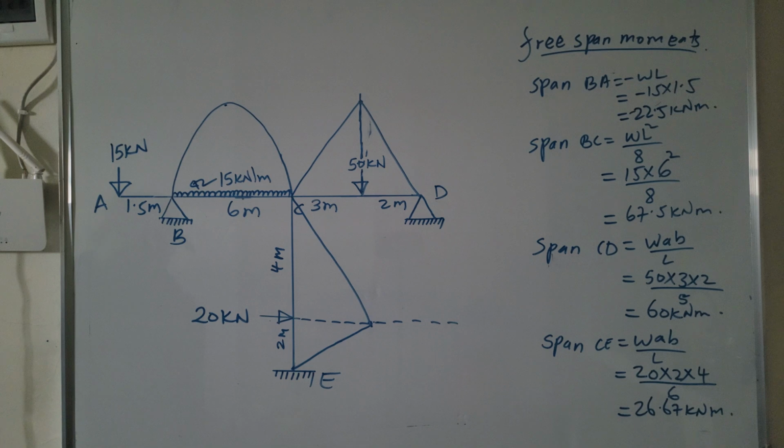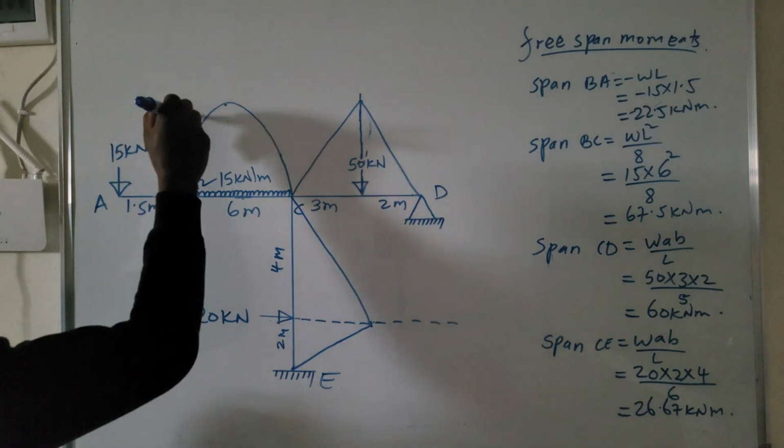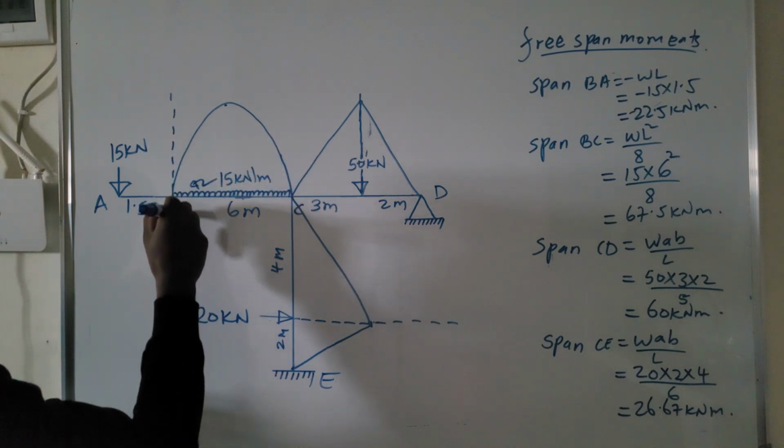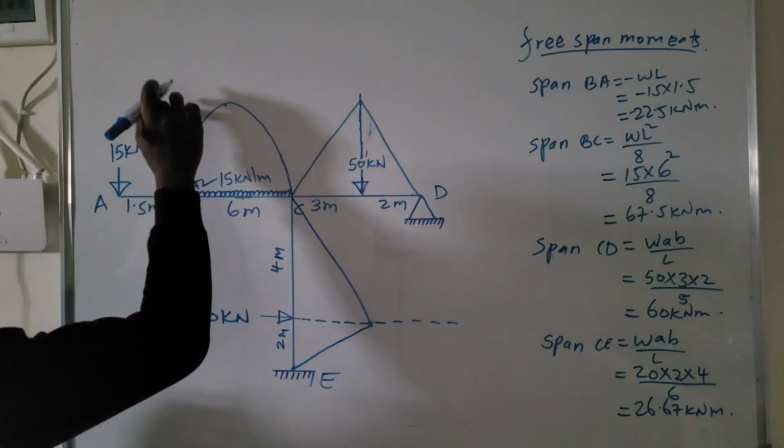So I will begin at this point B. At point B, we have BA as 22.5. So you will approximate along this line.